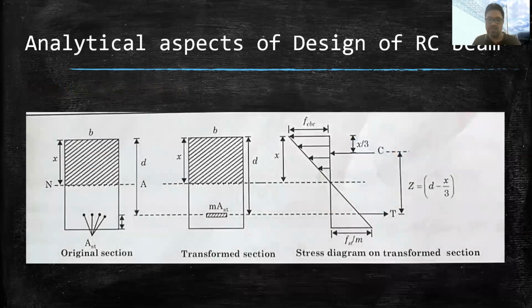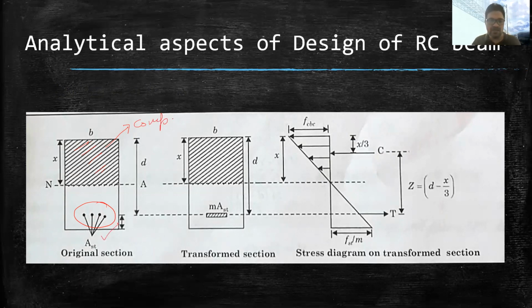Now, we have seen this section earlier also. Try to understand this section in context with the singly reinforced beam. These are the reinforcement bars placed in the tension region, and this hatched part of the beam is the concrete, which is above the neutral axis and is taking the compression.